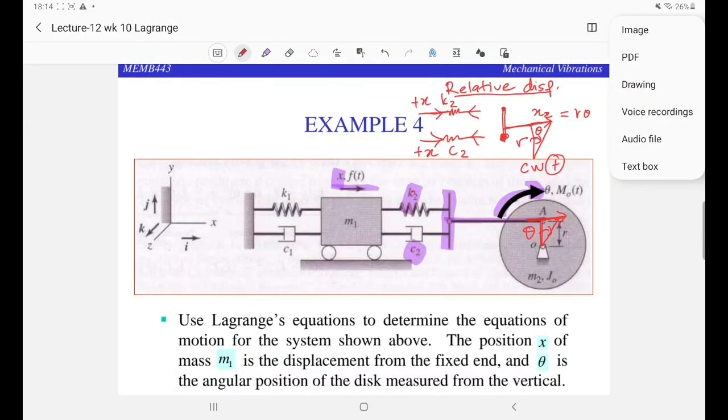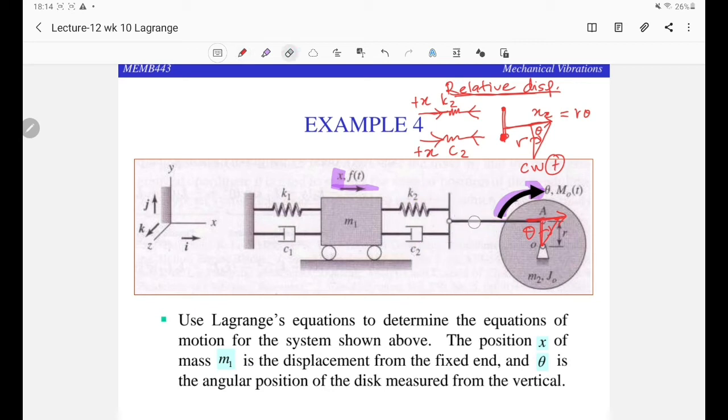So let us continue. How do we determine the relative displacement for K2 and C2? Basically, for K2 and C2, you can see here, maybe I highlight it again, it's in between x and theta.